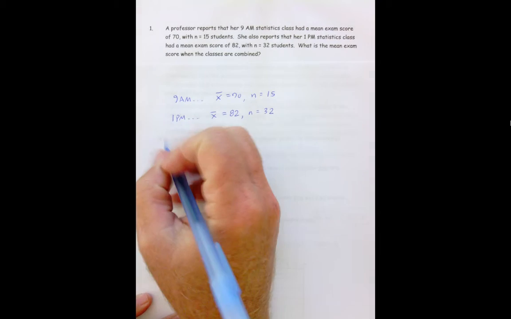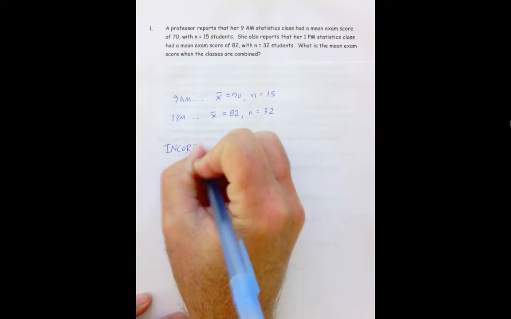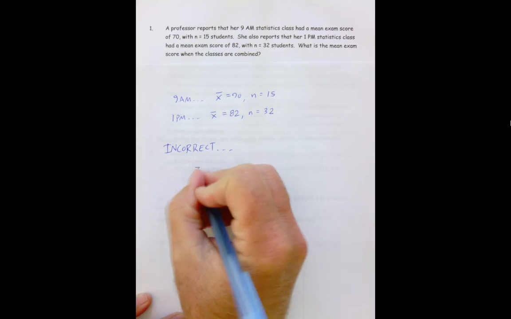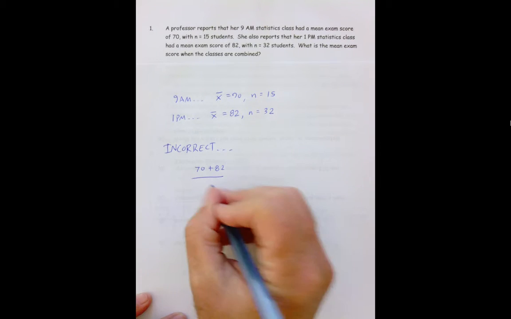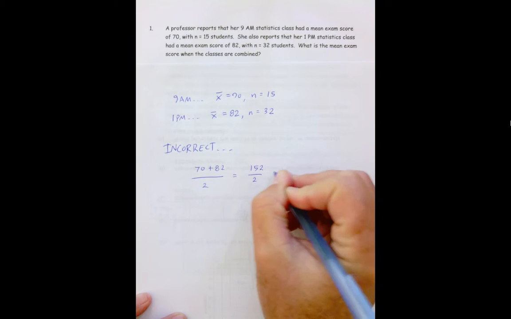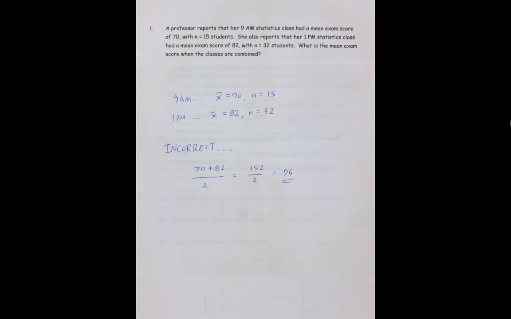Now, totally incorrect, but often used, would be to take the 70 plus 82 divided by 2 and say that the mean is 76.